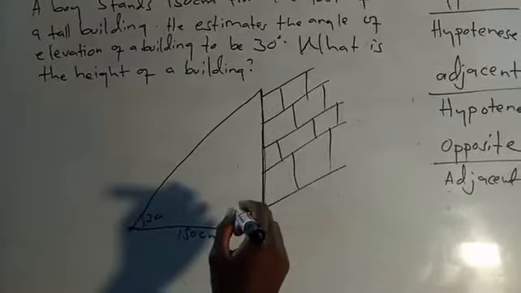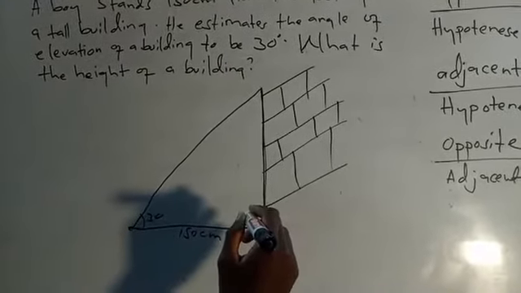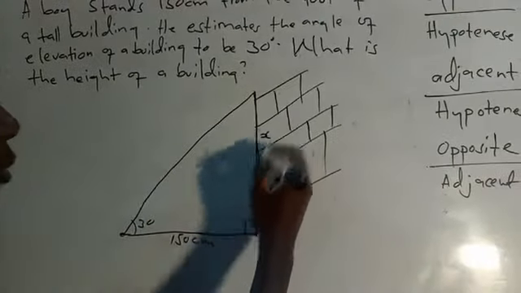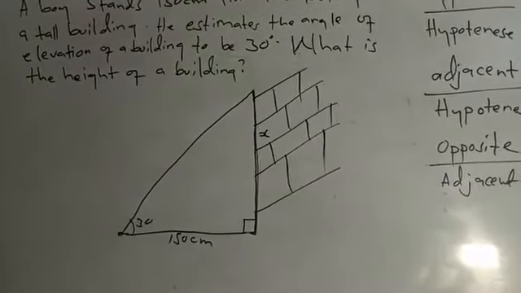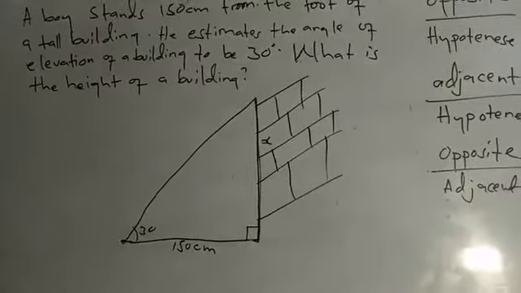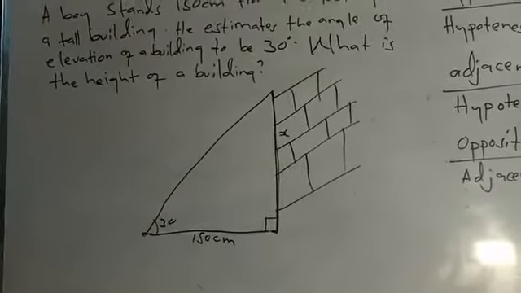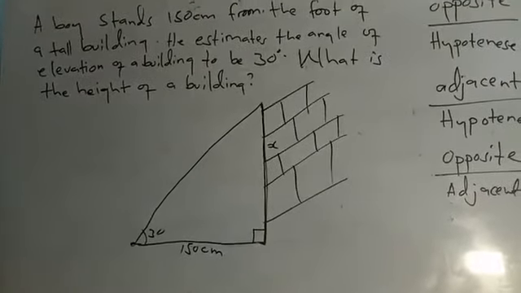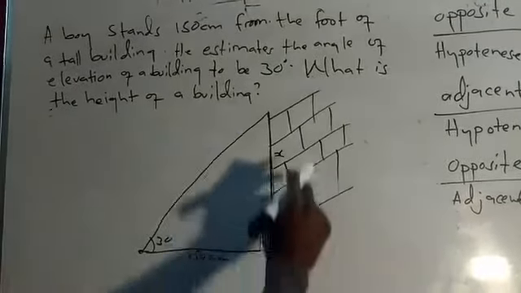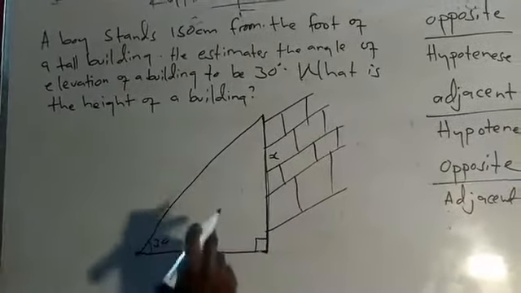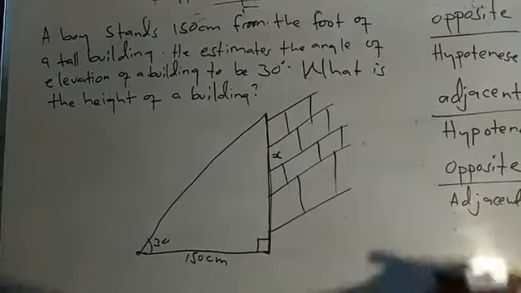So let's try to name it x, and if we go to our ratios, we shall look at which ratio consists of opposite and the adjacent side, which is here.